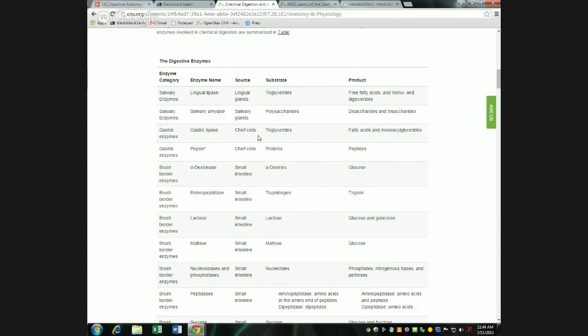Your average fat molecule is 3 fatty acids attached to a central core. Other lipids like cholesterol or certain vitamins and that sort of thing, they're absorbed as they are. But when we break down lipids, we're usually breaking complex fats, triglycerides, down into simple fatty acids.